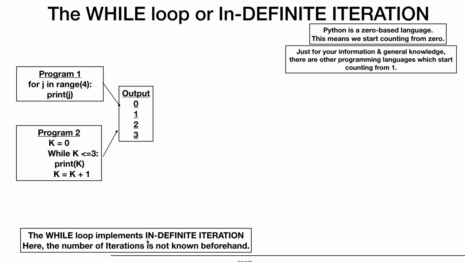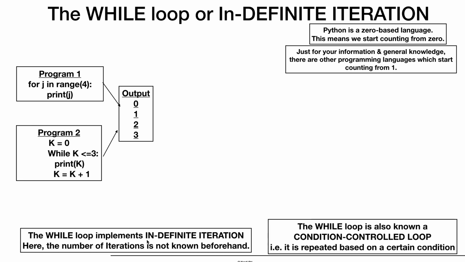That's what it means. Or we can say the while loop is also known as a condition-controlled loop, i.e. the loop is repeated based on a certain condition. So in this case, this loop is repeated on the condition that k is less than or equal to 3.